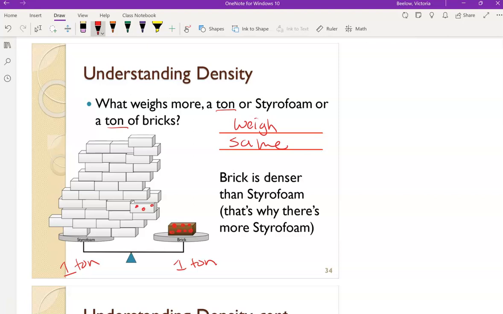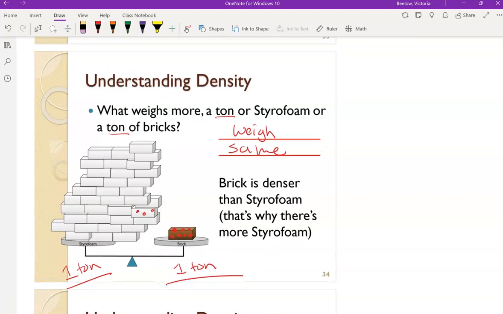So if you want the weight, the mass, or the amount of atoms to be the same, then you have to have more styrofoam, because styrofoam is less dense than a brick, so you need more of these to balance out with how compact this brick is and how many atoms are inside of that one brick.